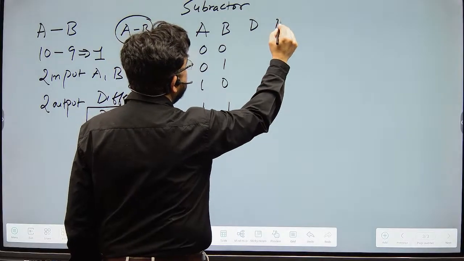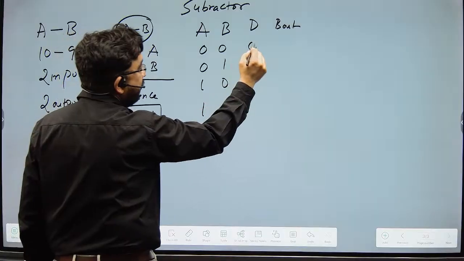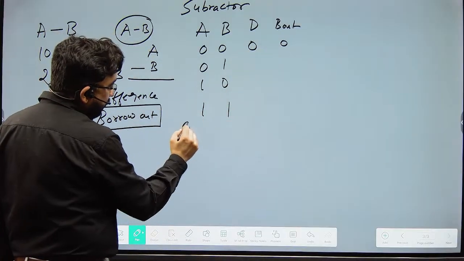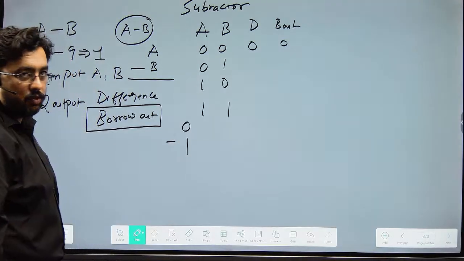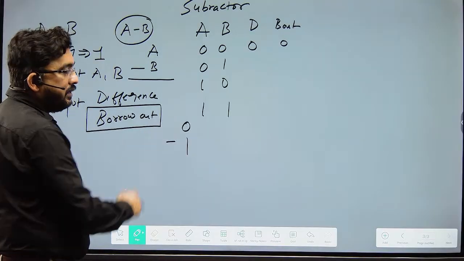This is the difference and this is the borrow out. So A minus B: 0 minus 0 gives difference 0. Now 0 and 1 means that A is 0 and B is 1, so B is on the higher side and A is on the lower side.